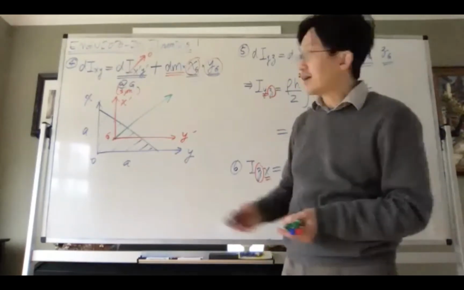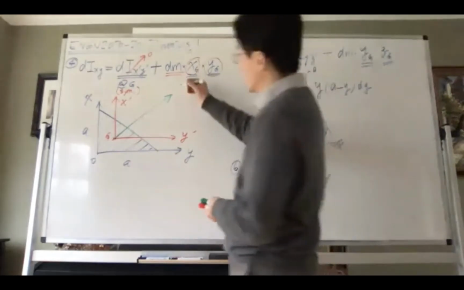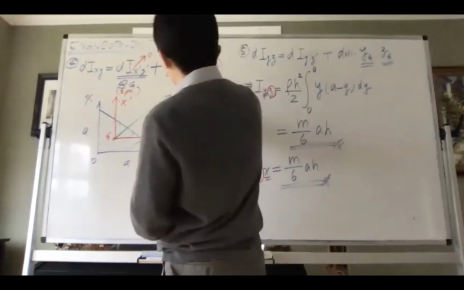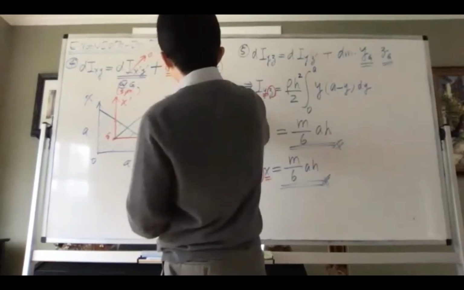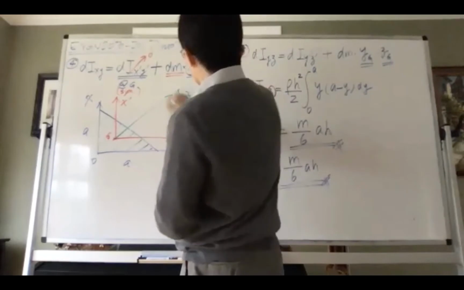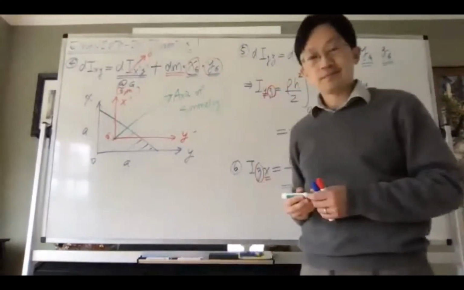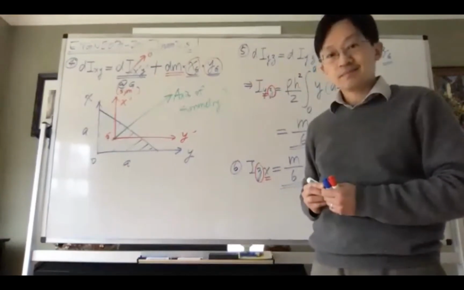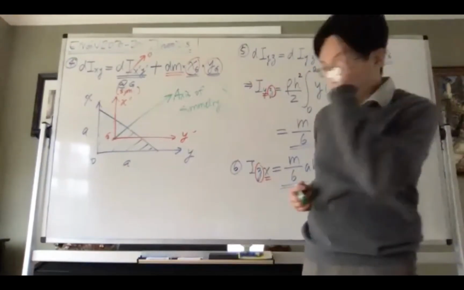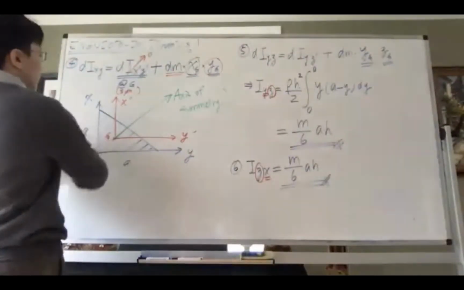If you can do it, then this value will be 0. So in this case, yes, there exists an axis of symmetry. If this exists, then this will be 0. So that's why we have all these terms to be 0.